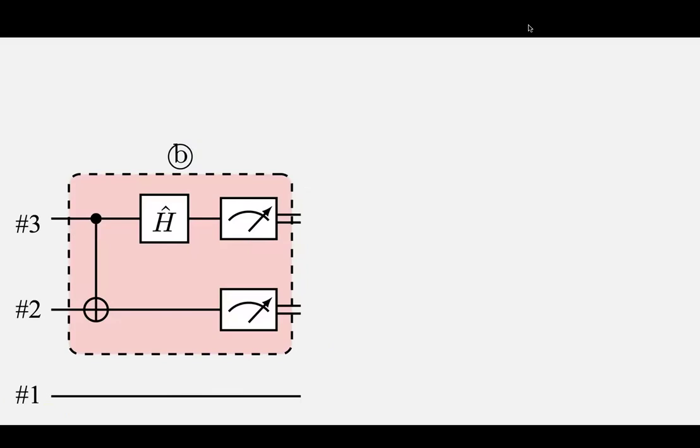Now we move to region B. Before we delve into that, let me introduce you to the representation of measurements in quantum circuits. There are 2 of them here in the far right. Each is given by a box with a pointer, sort of like a current meter used by electricians. The line to the left of the box represents the qubit before measurement.